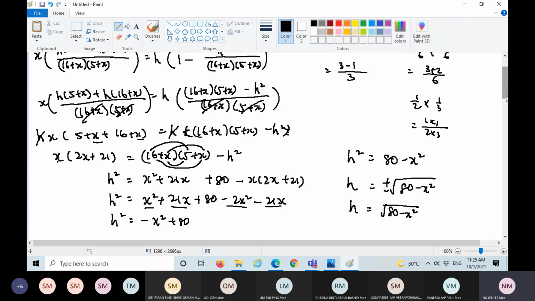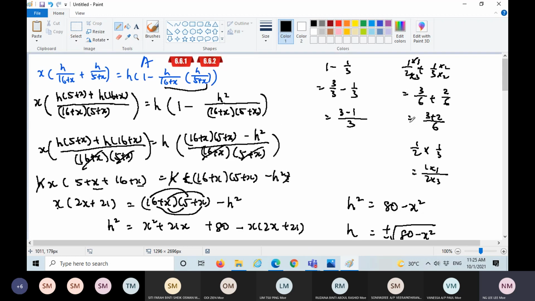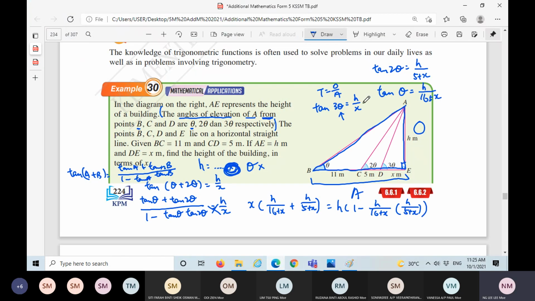So actually, you see the whole part, this part is quite difficult and confusing. For those whose algebra is not good, I'm pretty sure you will make mistakes here and there, and then waste your time. But the first part, if you get the trigo correct, you can form this triangle and then try to break the 3 theta using the addition formula, becoming theta plus 2 theta, and then try to substitute.